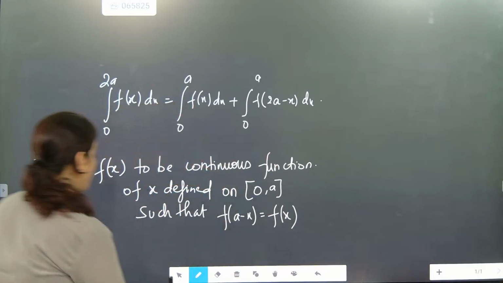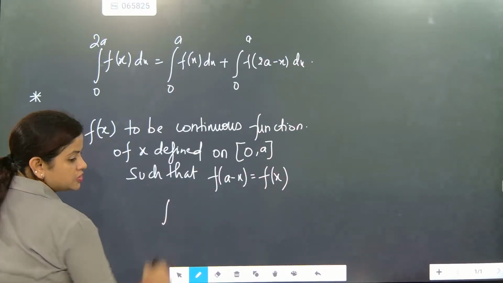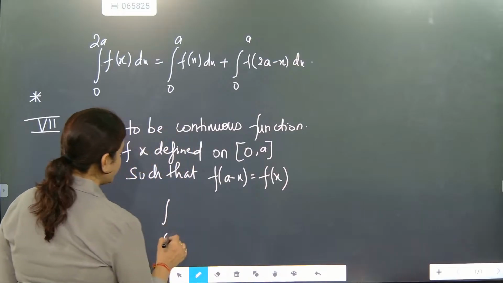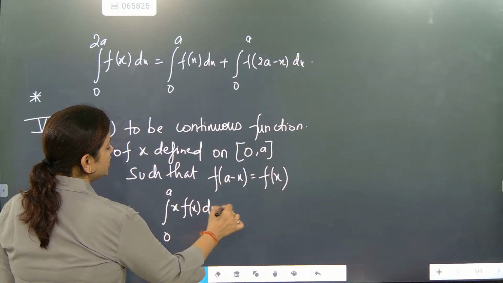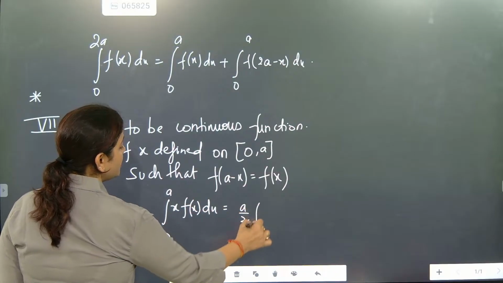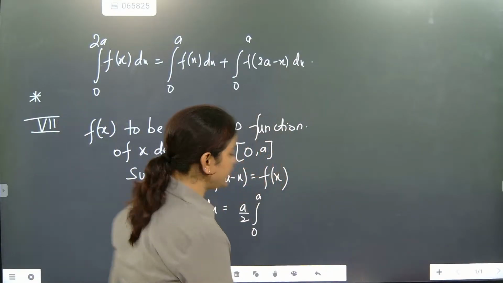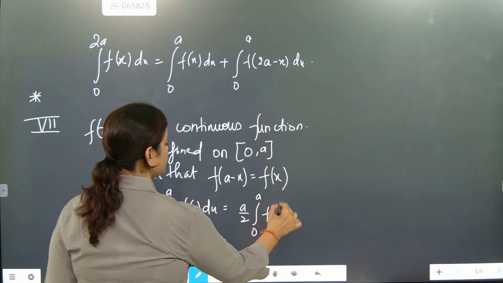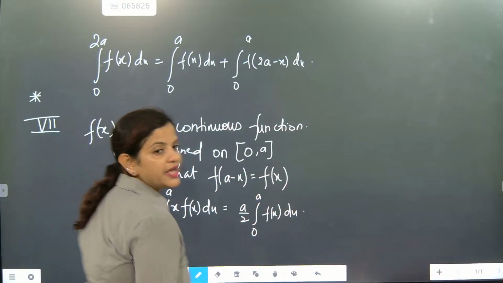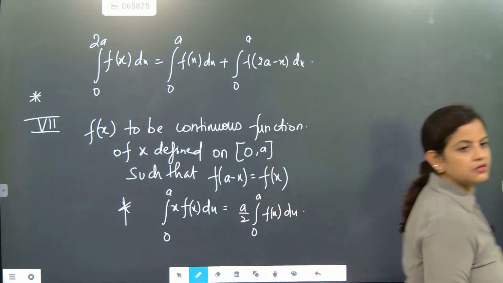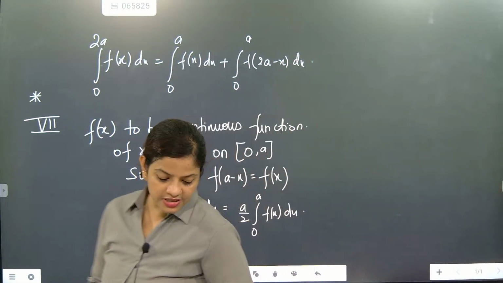Note down this property. Then integral from 0 to a of x f of x dx is equal to a by 2 times integral from 0 to a of f of x dx. This is one of the most important properties because x is removed here.